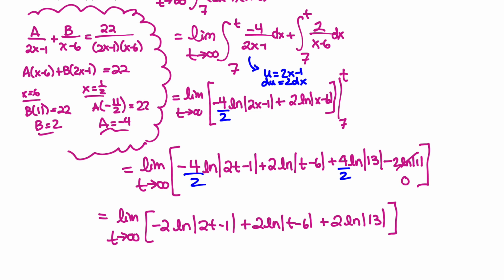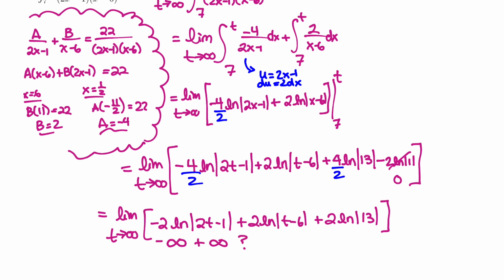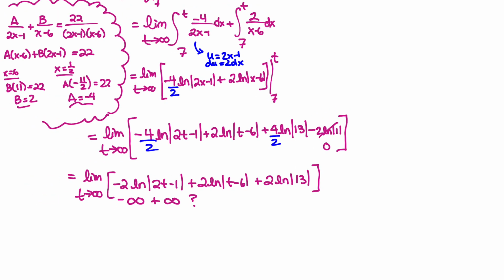My first suggestion is factor out a negative 2. But before I do that, let me explain again for people that are watching. The problem that comes up right here is I get this indeterminate form, negative infinity plus positive infinity. That's a bad limit. So we are going to challenge ourselves by putting those 2 together using a logarithm rule.